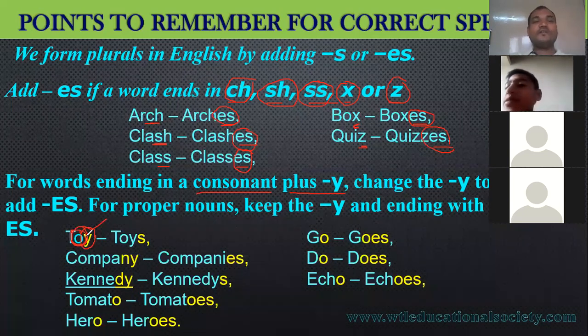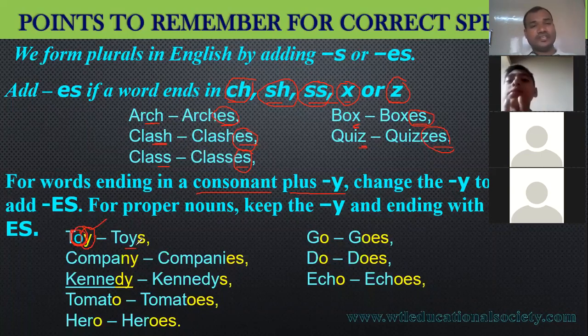A-E-I-O-U are vowels; the rest of all 21 letters are consonants. There are 5 vowel letters in the English language. So here, O is a vowel. That's why the Y remained the same. If it is a consonant, then it will change to I.